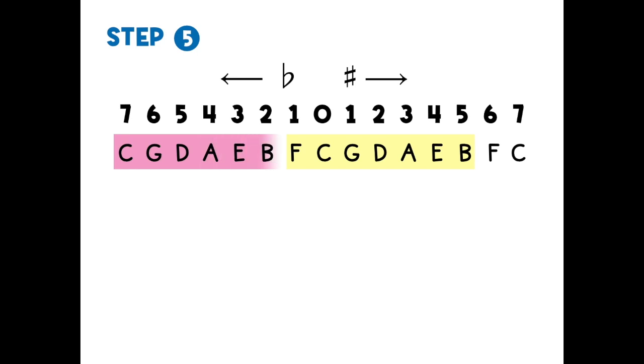Over on this side is like a partial sentence. And this is on the flat side. So each of these letters in that pink box is going to get a flat, like this. Okay, and you can probably predict what's coming next. We're going to go to the other side. And this small part of the sentence is going to get sharps because it's on the sharp side.